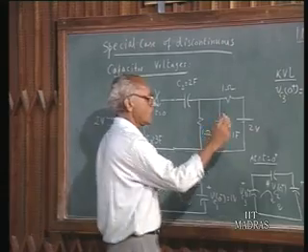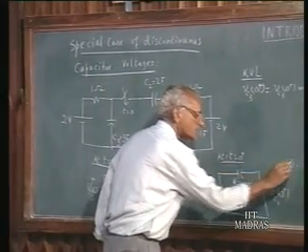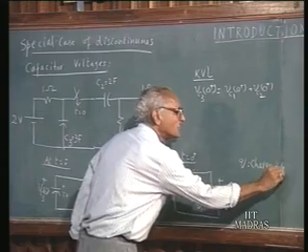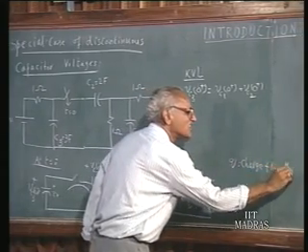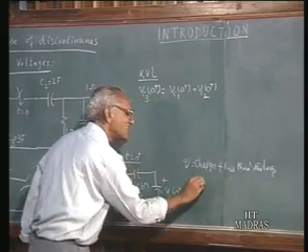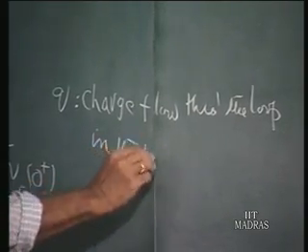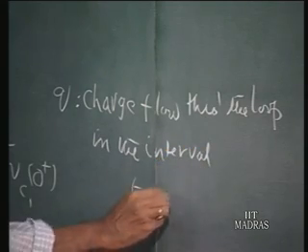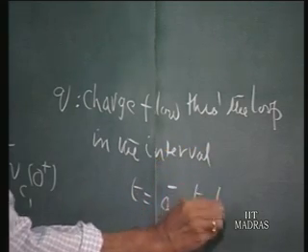This q is the charge flow through the loop in the interval t equals 0 minus to t equals 0 plus.